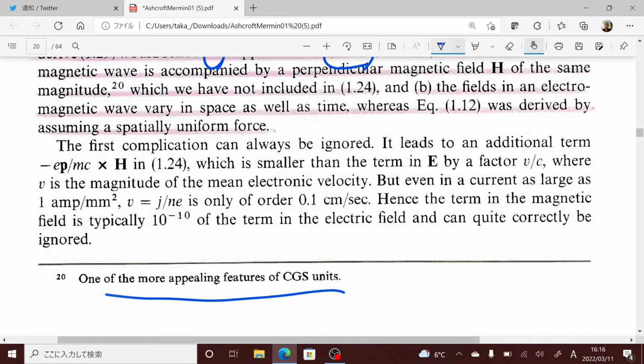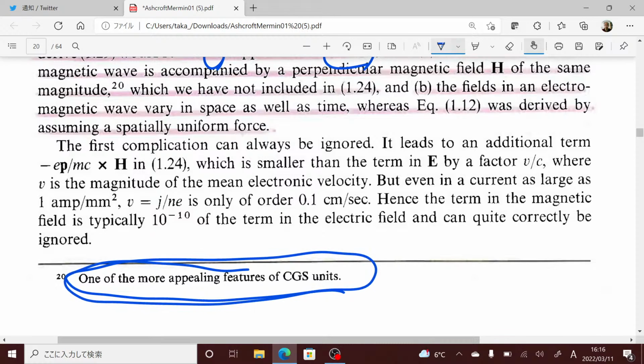Interesting. So in CGS, E and H are the same, but the contribution to the acceleration is reduced by a factor v over c, where v is the magnitude of the mean electronic velocity.